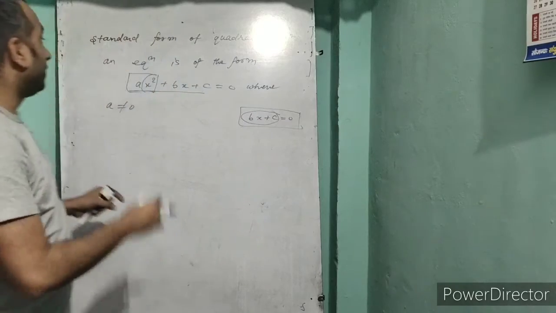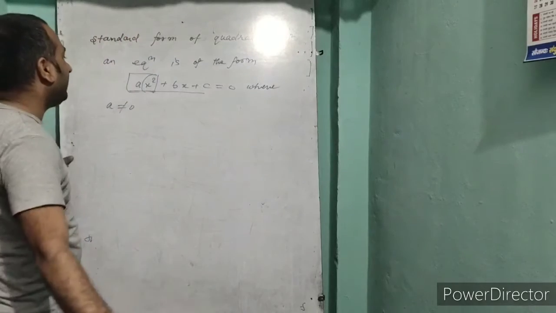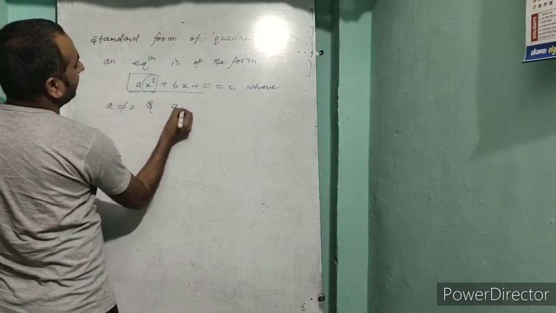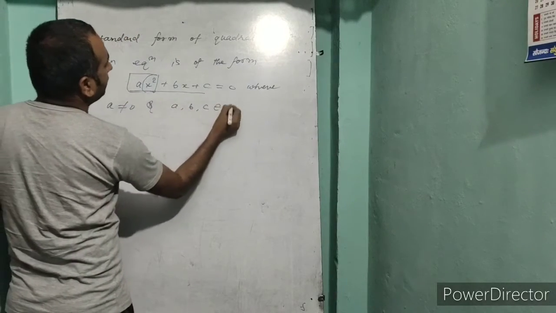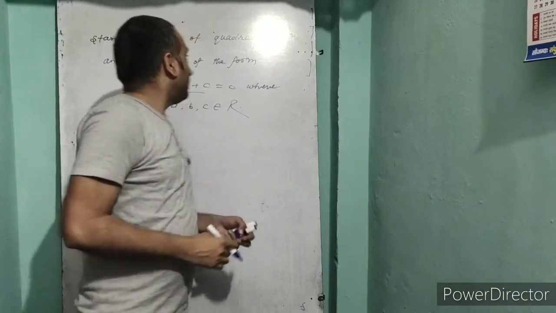But if a does not equal 0, it is a quadratic equation. Is it clear? And here a does not equal 0, and a, b, c belong to R, the real numbers. Here a, b, c are real numbers.